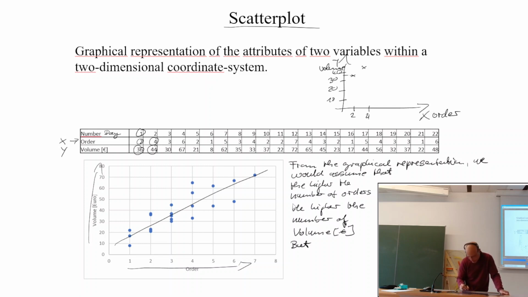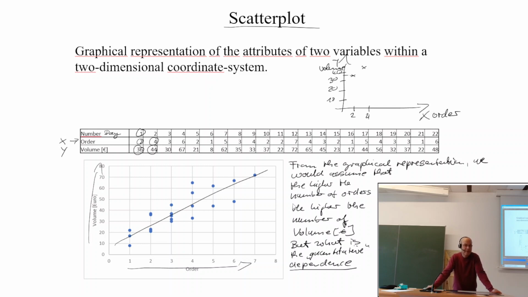But what is the quantitative dependence?